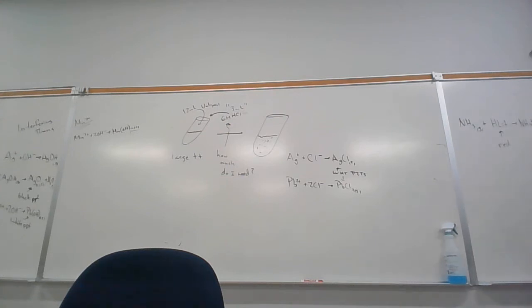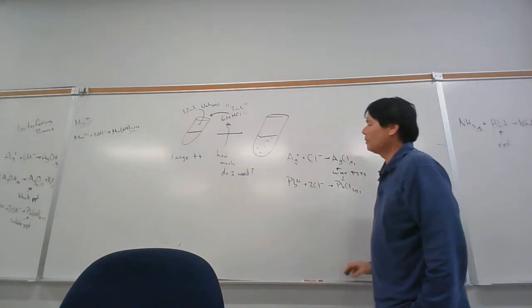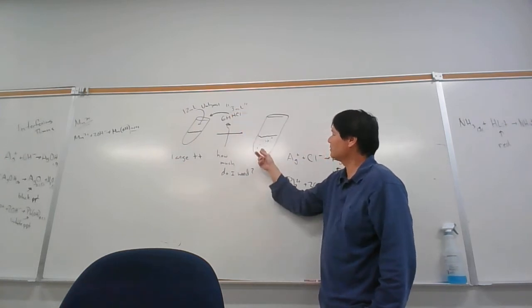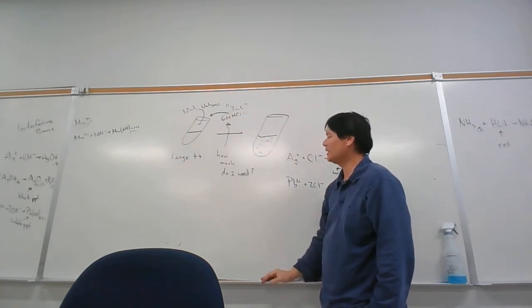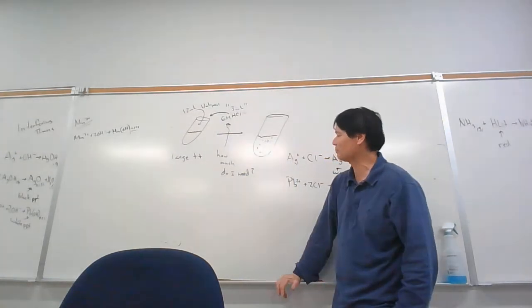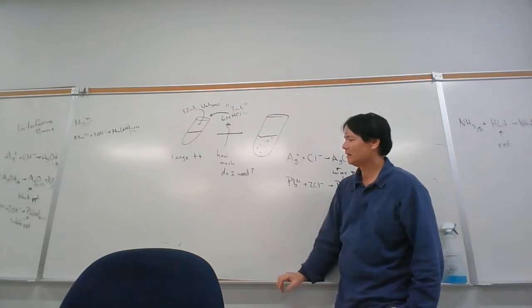It is 3 milliliters. But we're going to ignore that 3 milliliters. What we do here is we just keep adding it until we stop seeing it precipitate. So you add until it no longer precipitates.